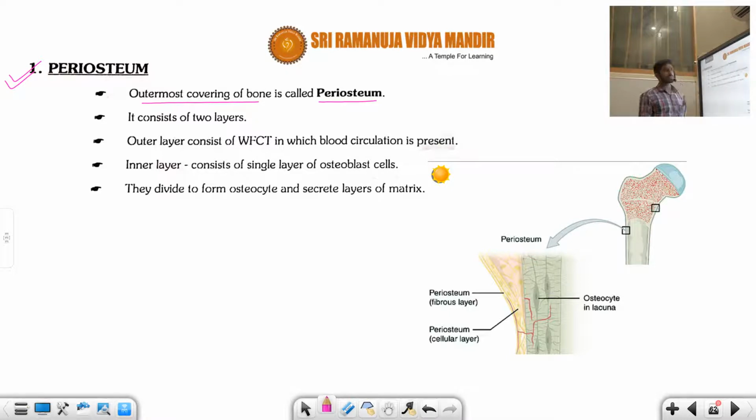So you can see this is assumed to be a bone, right? This circled part and this circled part represent the periosteum. If you observe the periosteum, you can see the outer layer is called the fibrous layer.